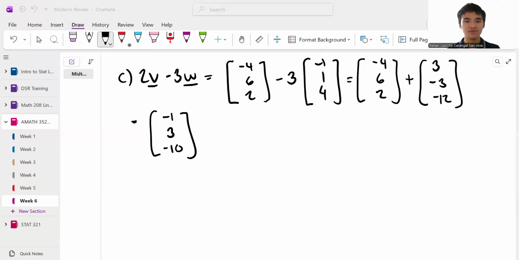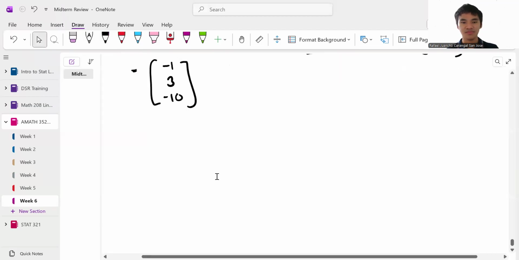Cool. Okay, let me do number two. So, oh, this is funny. I'm gonna zoom out a bit. There we go. So here we're being asked to determine if the following sets of vectors are linearly independent or linearly dependent, and we give a justification.